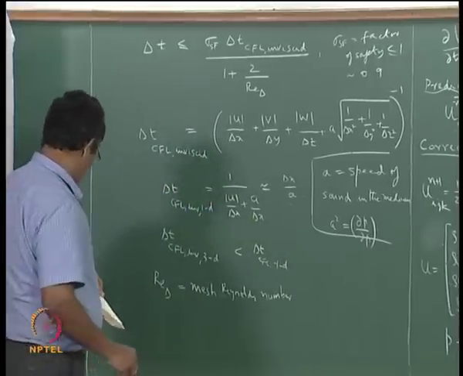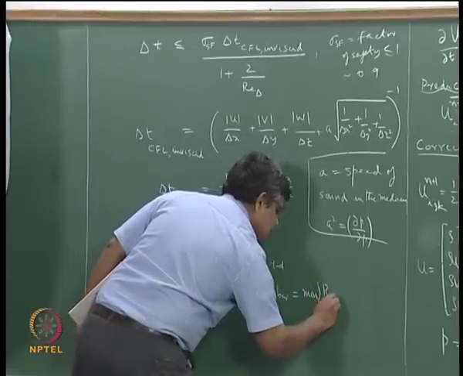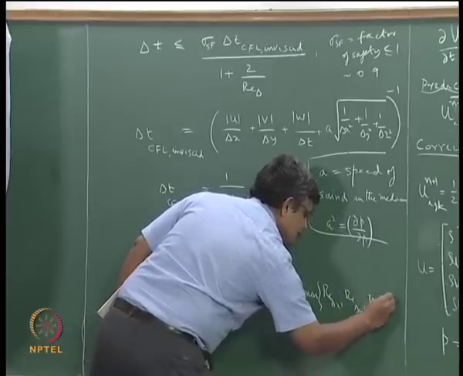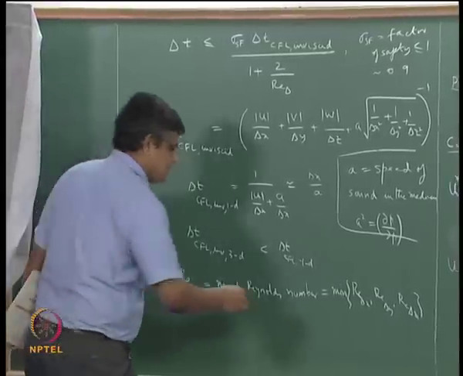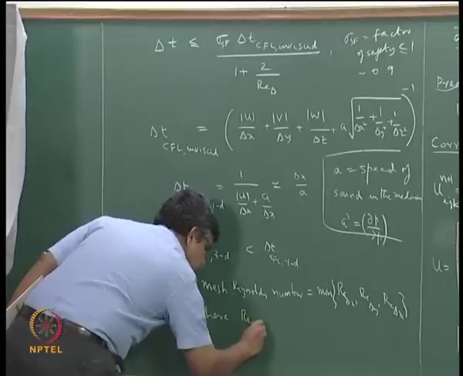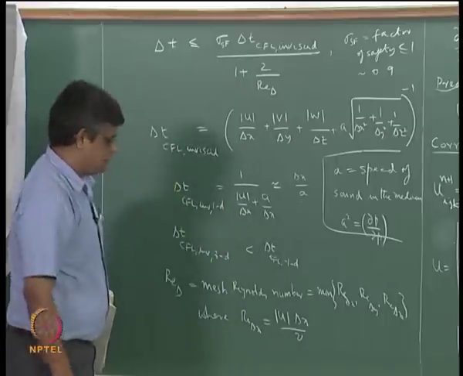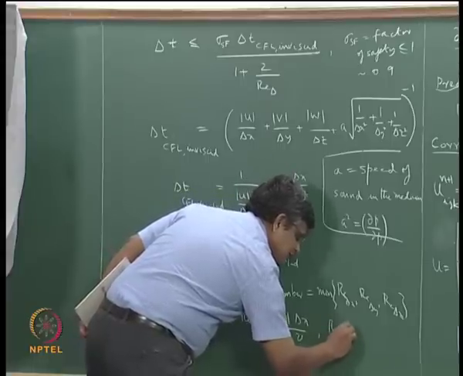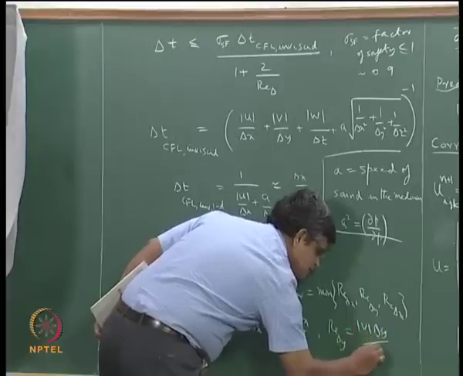This is the minimum of Re delta x, Re delta y, Re delta z, because now we have 3 different velocities and 3 different spacings, where Re delta x is defined as u delta x by nu, where nu is the kinematic viscosity, and similarly Re delta y is determined by v delta y by nu, and so on.